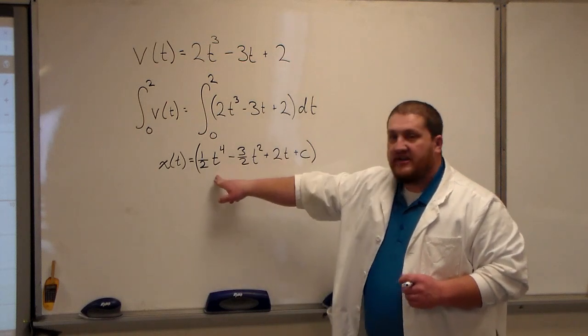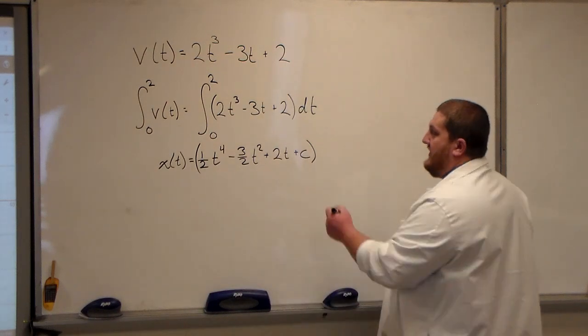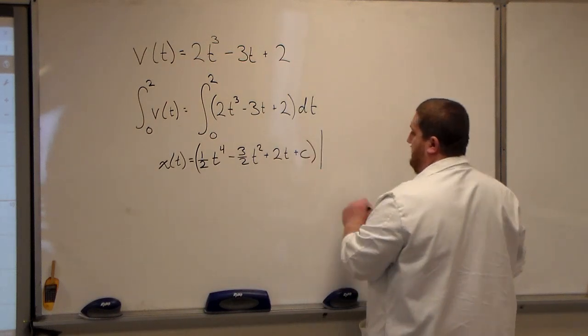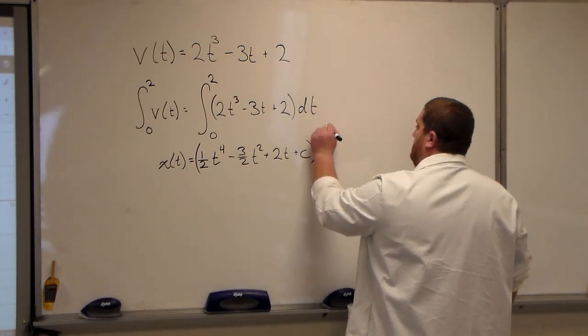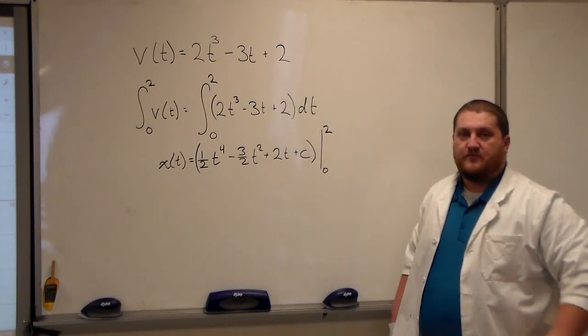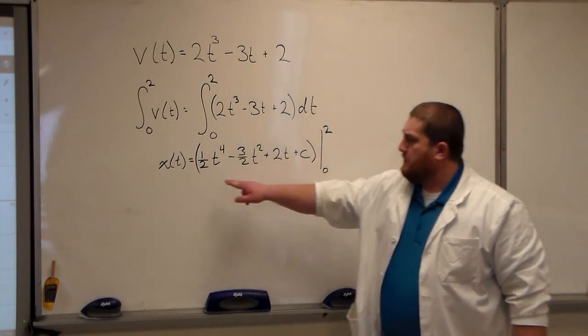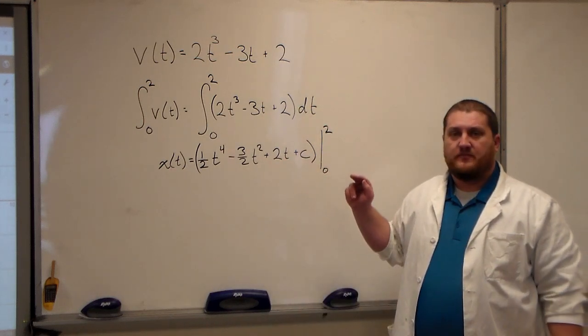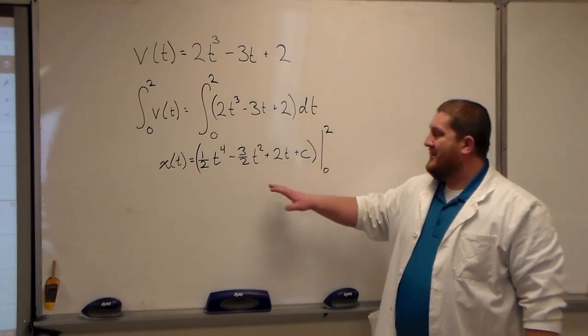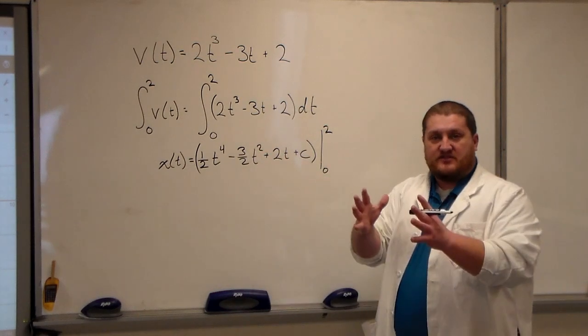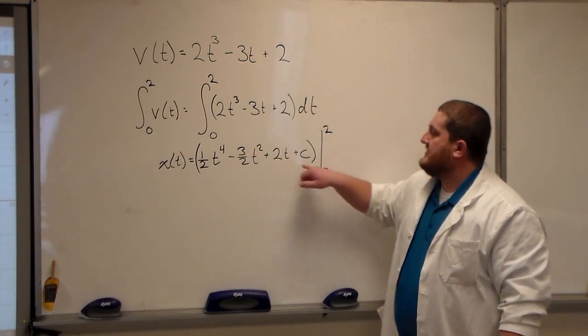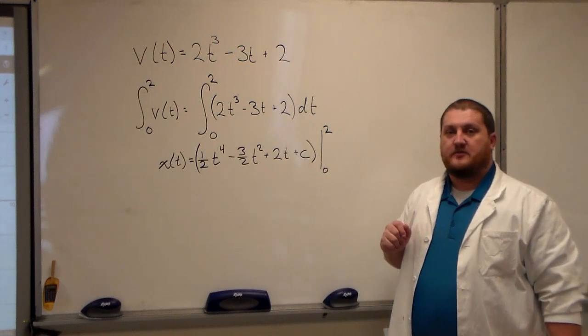So I have my antiderivative, and I'm going to evaluate it. So you'll see a vertical line from 0 to 2. What that means, I take this 2, plug it into this equation, and then I take that, solve it, and subtract 0 plugged into this equation.